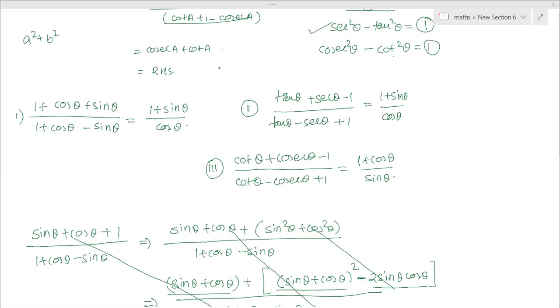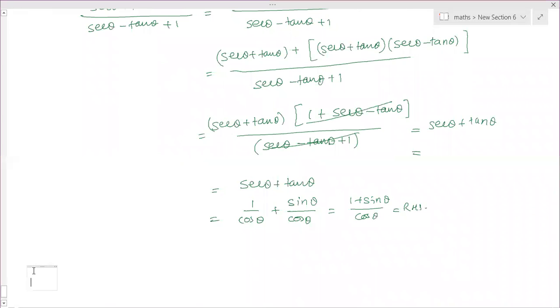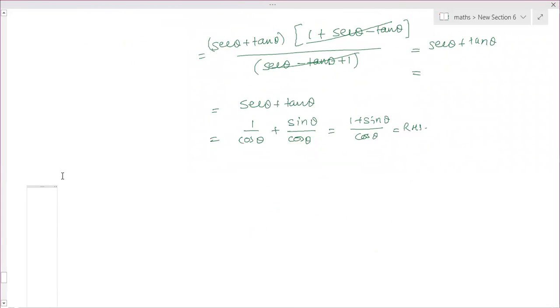Mom, I'm stuck in the second one. Right? Mom, I got sine theta plus minus 1, I know where the problem has happened. While taking common part, that is the problem. Minus 1 is outside, so don't change the sign inside the bracket. Right?